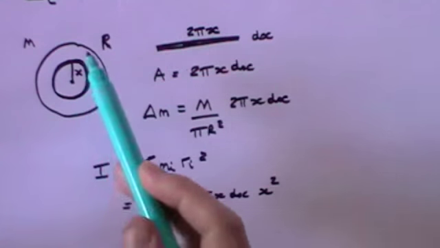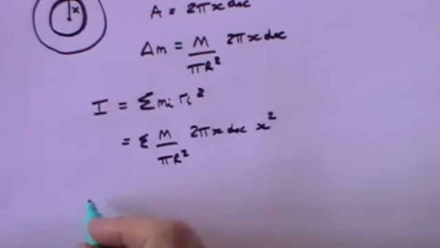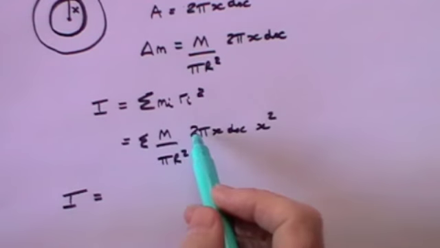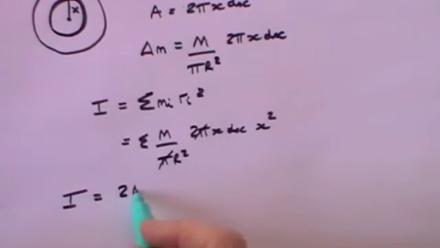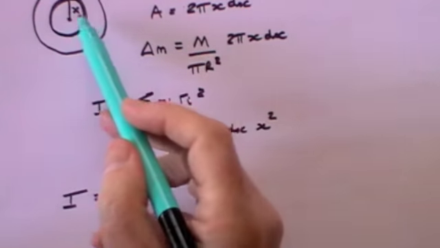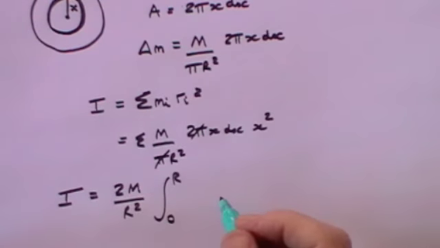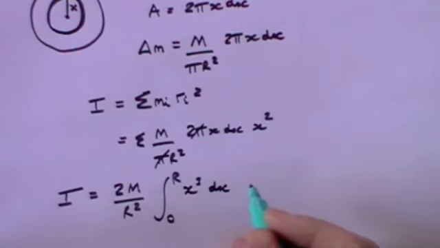And because this is continuous, once again, the sigma becomes an integral, and so you get that the moment of inertia is equal to, well, the pi's cancel. We can take the 2m over r squared outside because those are all constants. They're not going to need to be integrated. And now we go an integral from 0 to r, from the centre of the circle out to the outside, of x squared times x, which is x cubed dx.